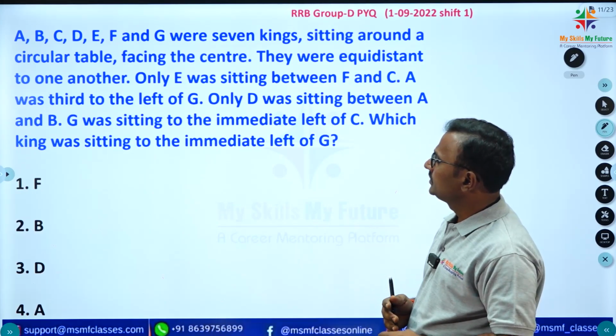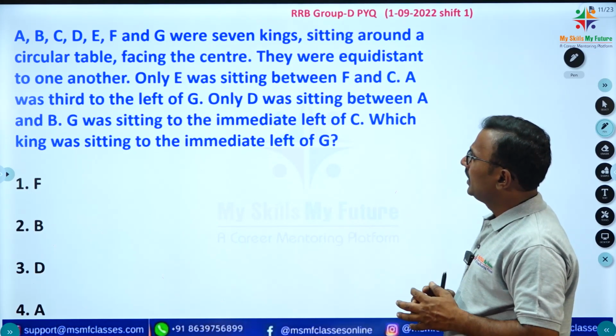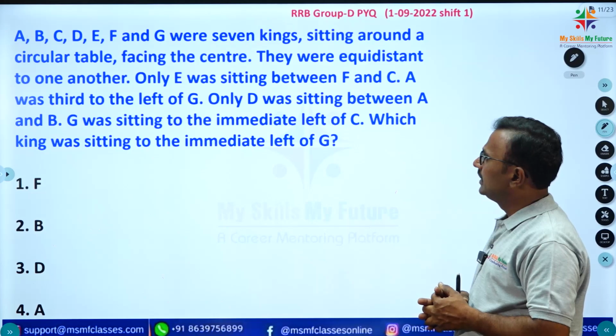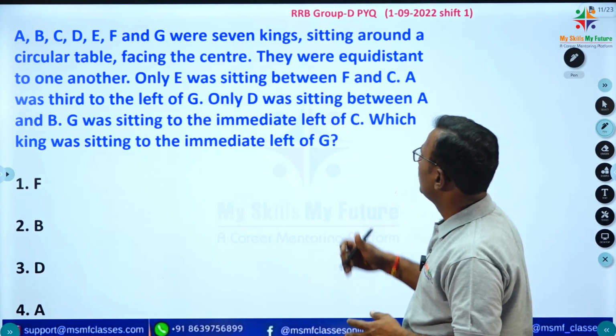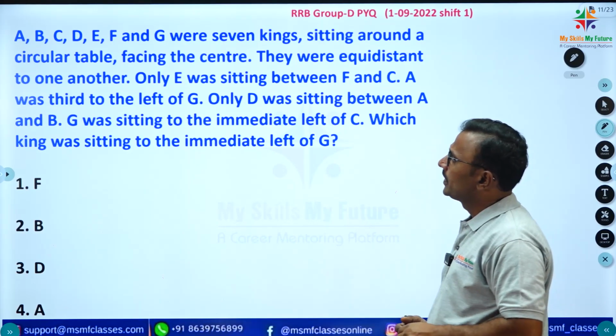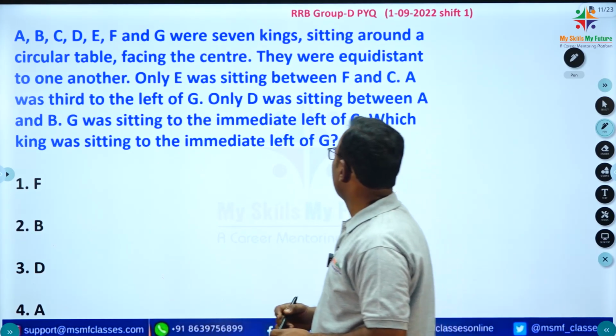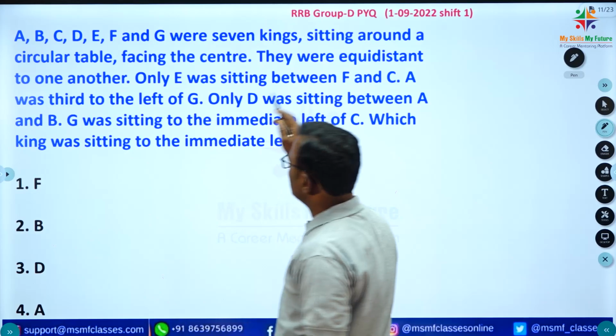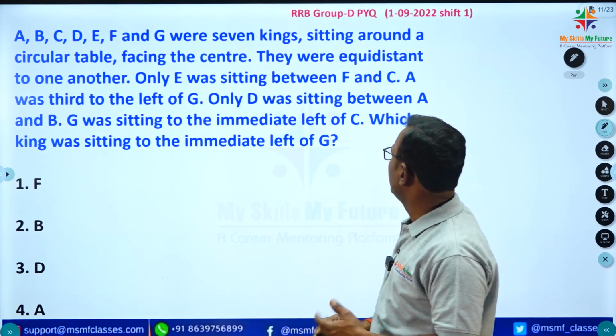See the question here. A, B, C, D, E, F and G are 7 kings sitting around a circular table facing center. They were equidistant to one another.